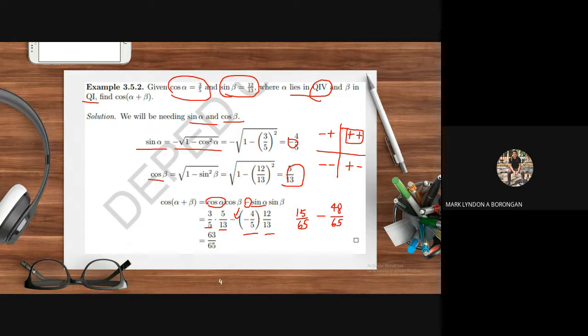Remember that it is negative, so negative 48. When you multiply, the two negatives become positive, that's why it becomes plus. So 15 plus 48 is equal to 63. So that is our final answer.